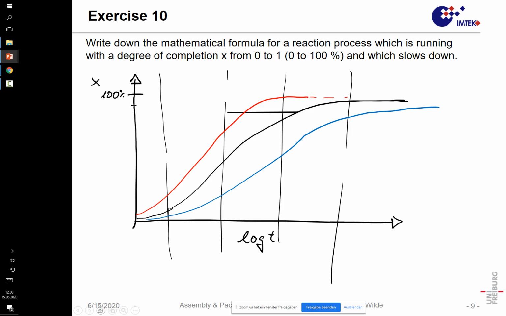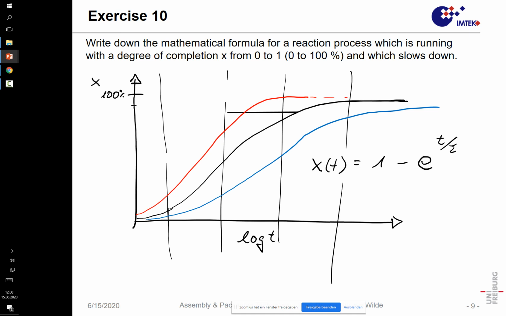And so if we describe x as a function of time, how would such a formula be? For instance, it could be that x over time is 1 minus e to the power of t divided by tau.